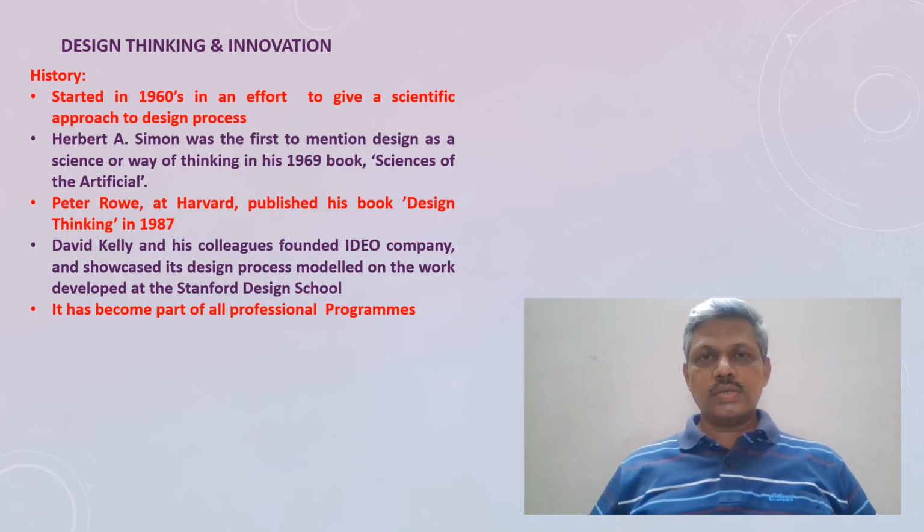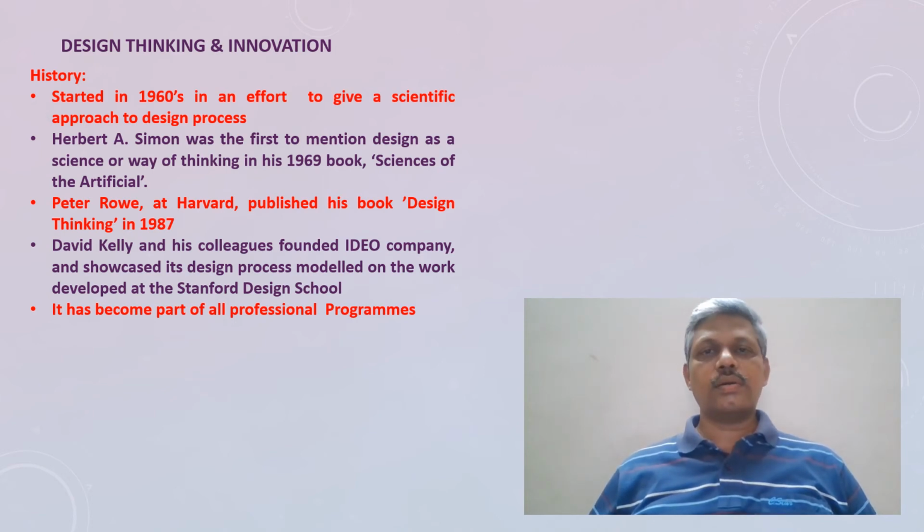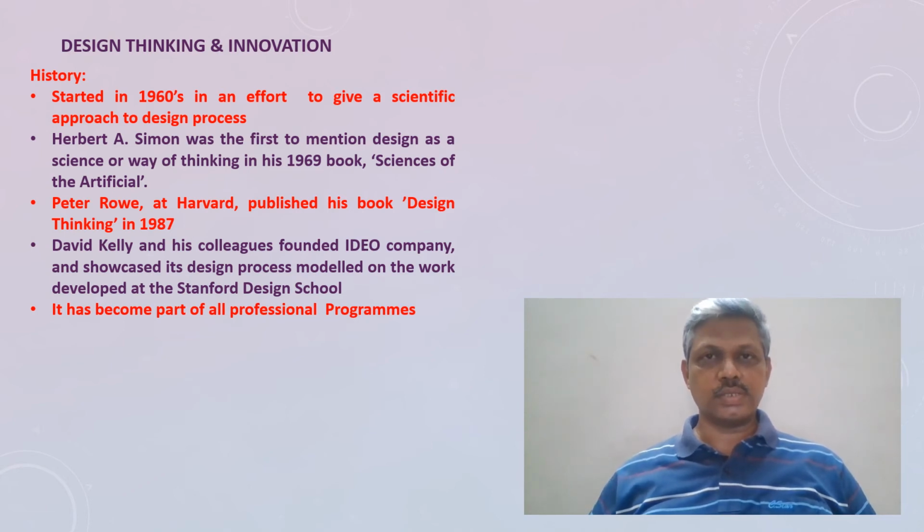Now, if we go into the brief history of design thinking, it dates back to the 1960s, when people started thinking about the process of thinking with a scientific approach. What is the science behind the thinking process, and what are the scientific principles that guide the design process? So in an effort, they came up with several research articles and books as well.